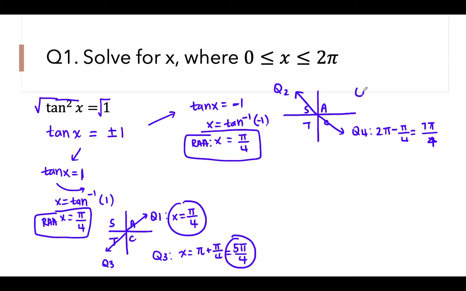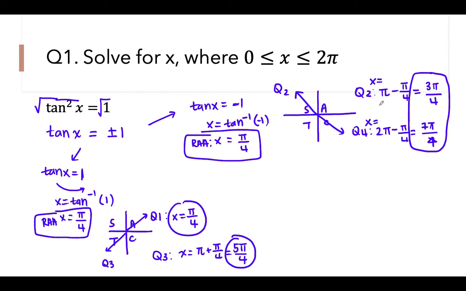And then for quadrant 2, it's pi minus theta, which is pi over 4. 4 minus 1, it's going to be 3 pi over 4. So when tangent x is equal to negative 1, I have two answers: x is equal to 3 pi over 4 or x is equal to 7 pi over 4.